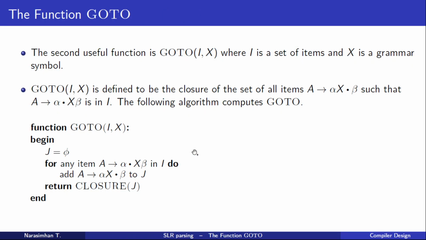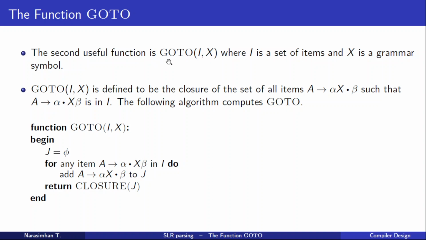Now let us take up the second function, goTo. Remember, in the last class I told that the item sets will be used to construct the automaton, which is known as the characteristic finite state machine, or the CFSM in short, and the item sets correspond to states in the CFSM.